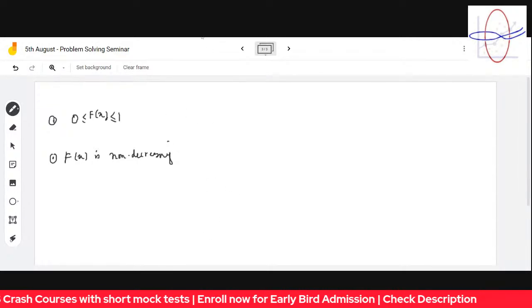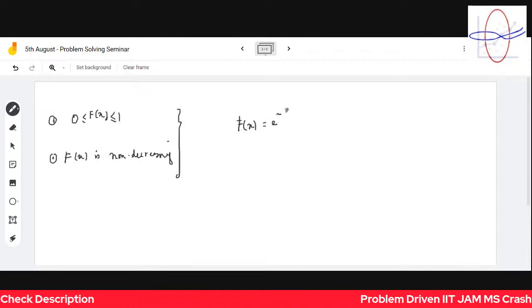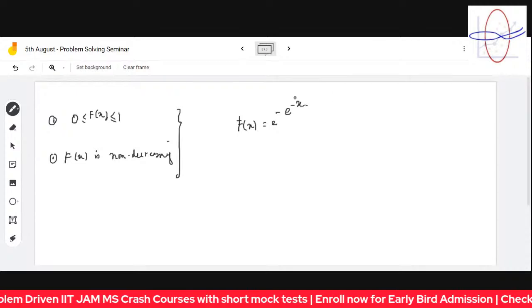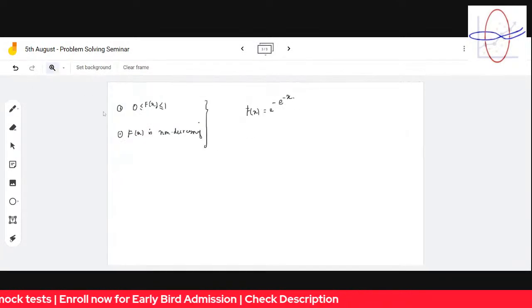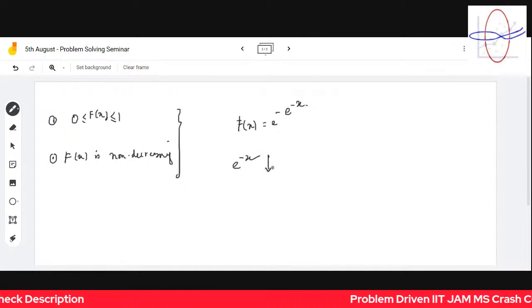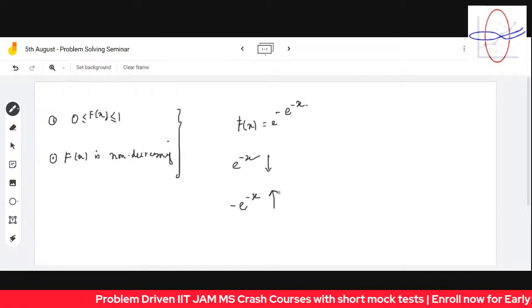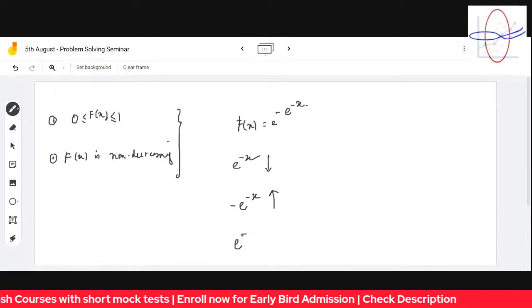Let's check whether this is true or not. f(x) is equal to e to the power minus e to the power minus x. So e to the power minus x is decreasing, and minus of e to the power minus x is therefore increasing. A negative of a decreasing function is an increasing function, and e to the power x is an increasing function.